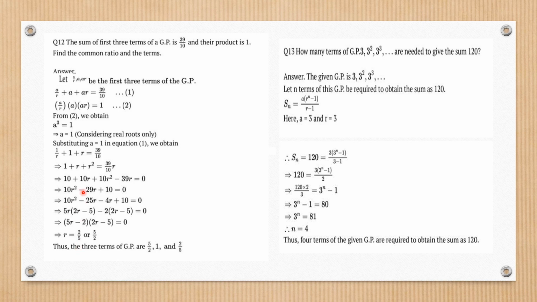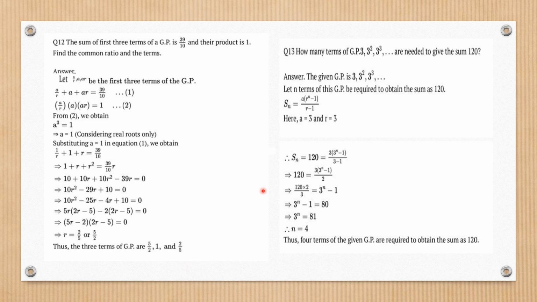So I'll get first term as 5 by 2, second as 1 and third as 2 by 5. But if I take A as 1 and R as 5 by 2, I will start with 2 by 5, 1 and then 5 by 2. But it doesn't make any difference. I am just getting three terms, 5 by 2, 1 and 2 by 5, in whatever order.